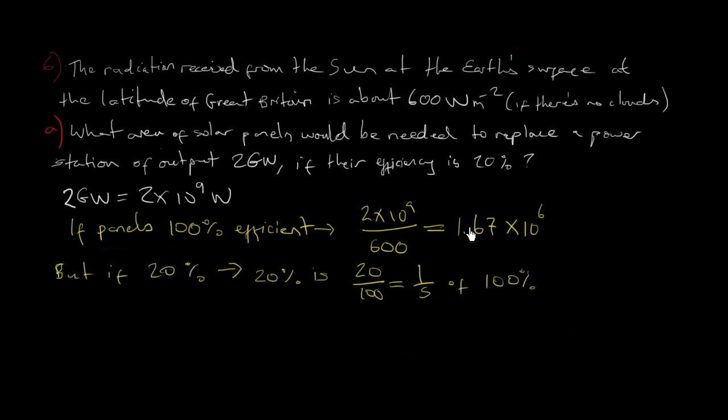Then we know that this is the number of, sorry, I should have written here the units, meters squared. This is the number of meters squared that would be needed if the conversion was 100%. So here 20% is 1/5.